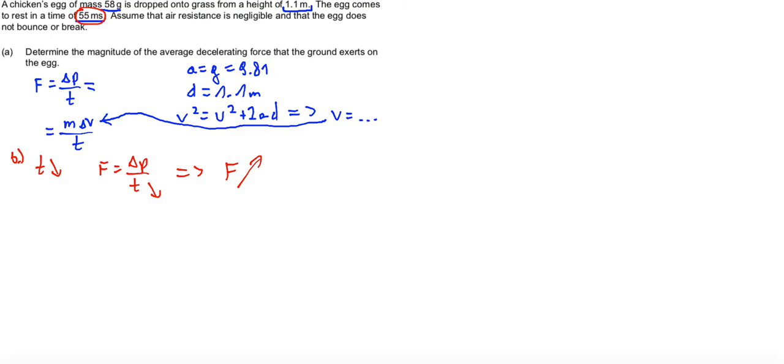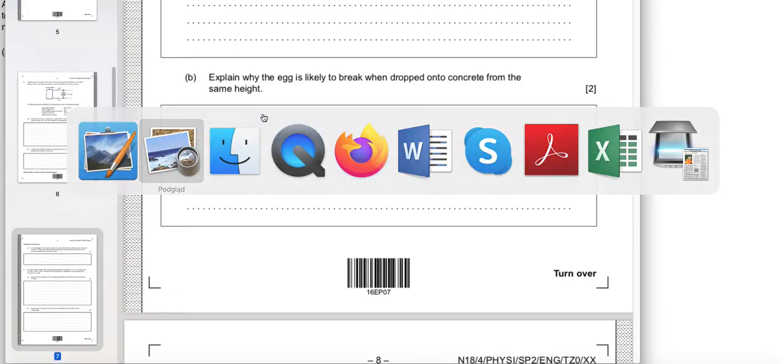If the time of collision is, let's say, 10 times shorter, then the force acting on the egg during deceleration is 10 times bigger. So this is why grass is better for the egg than concrete. In the case of grass, we have a longer time of collision. In the case of concrete, we have a shorter time of collision, so a bigger force.